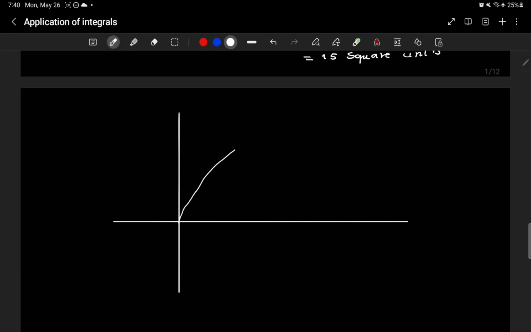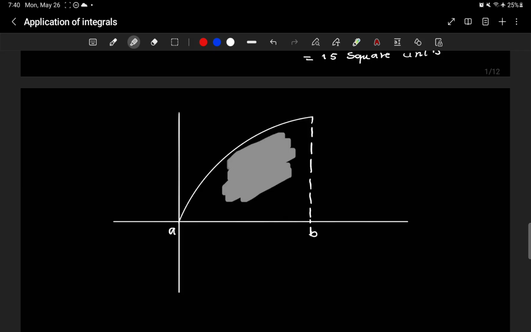Let's say you have an area bounded by a curve like this up to some value of x somewhere here. Let's say here x is equal to b, and it starts from the origin where x is equal to 0, which is point A. Let's say I wanted to find the area bounded by this graph.